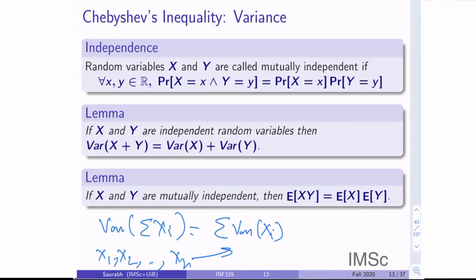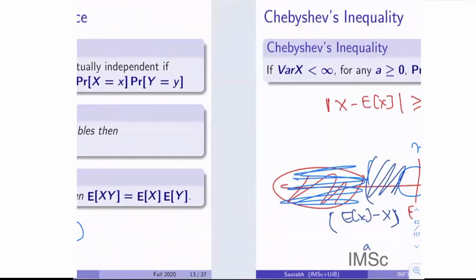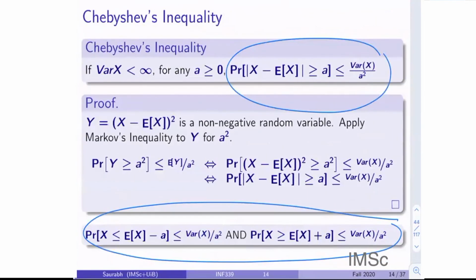So Chebyshev also works when all you know about your random variables is that, say, x consists of x1 to xn, and they are not fully independent, but I know something more about their independence. Or maybe I know that any 3 random variables I take from these n are independent.